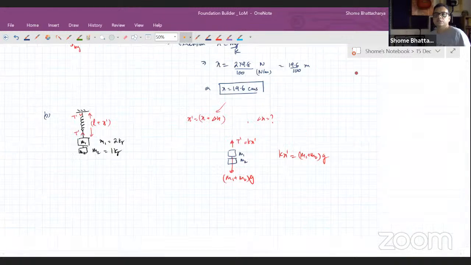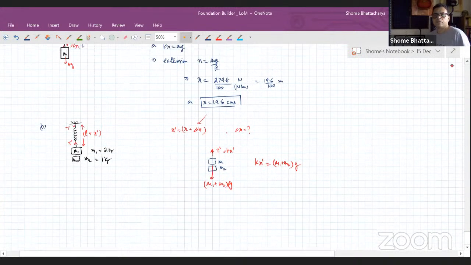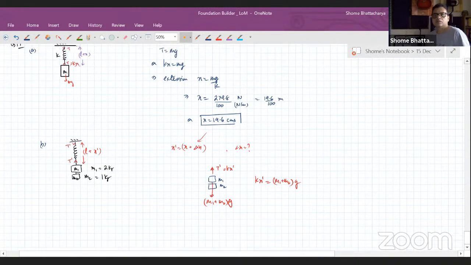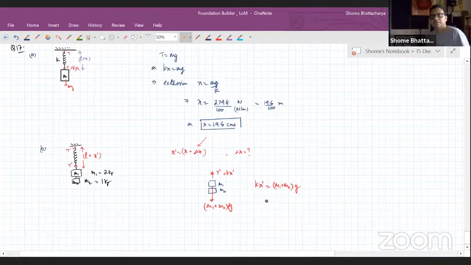This becomes our new equation. So the new amount of extension here is 3 into 9.8 divided by 100 in meters.